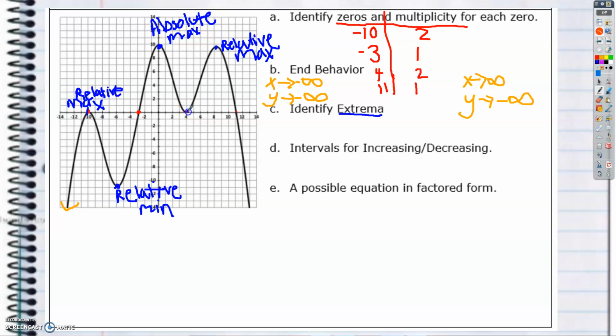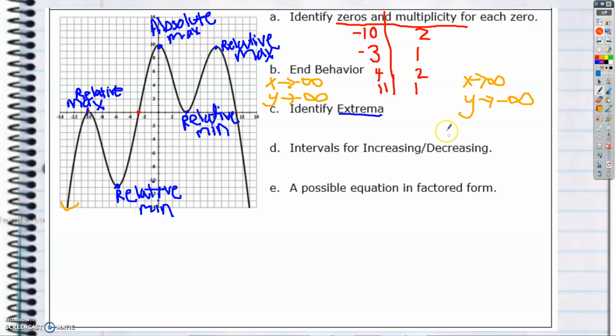And then this point right here is a relative min. Your relative maxes and mins are usually where the graph changes directions, like it changes from increasing to decreasing or vice versa.